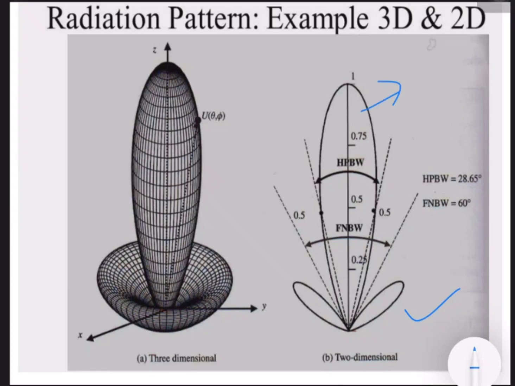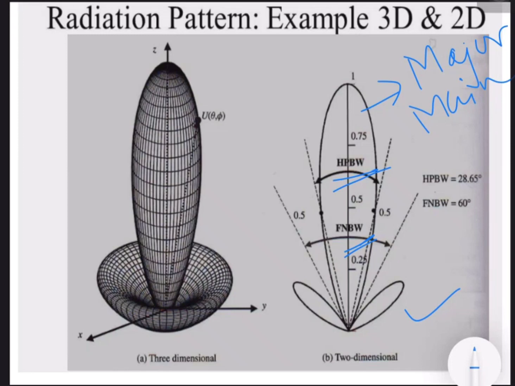This is called the major lobe, or I can also call it the main lobe. And this is what we call the half power beam width, and this is the first null beam width. The beam width between the first nulls is called the first null beam width.